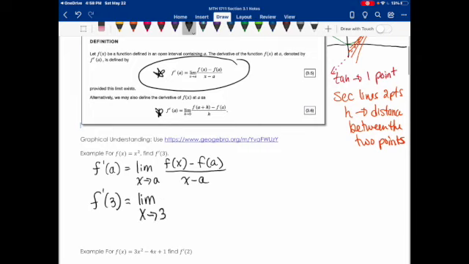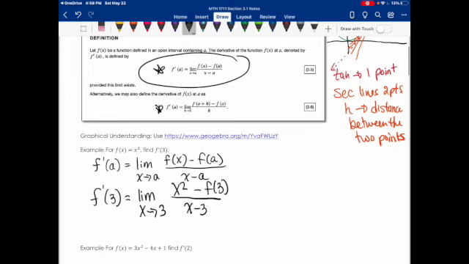So I'm going to find the limit as x approaches 3 of f of x, which is x squared, minus f of 3, over x minus 3. And this is equal to the limit as x approaches 3 of x squared minus 9, because if I plug in 3 into my function, I get 9, all over x minus 3.